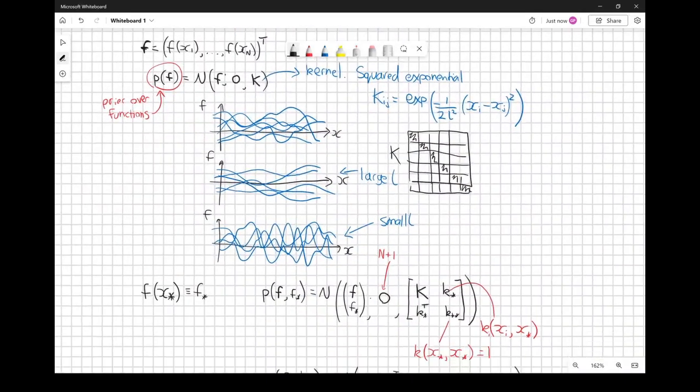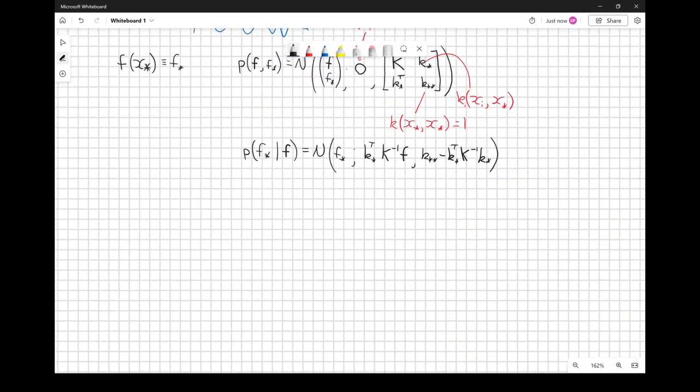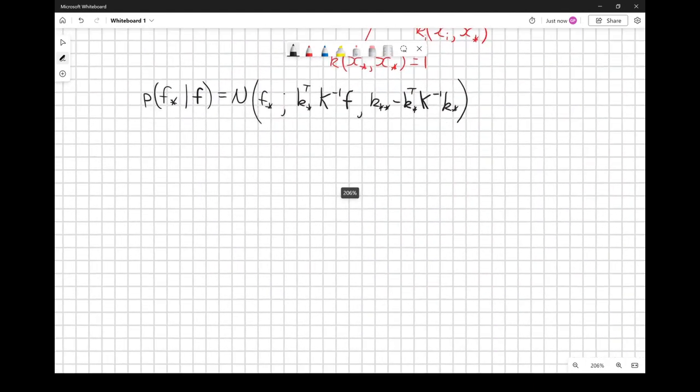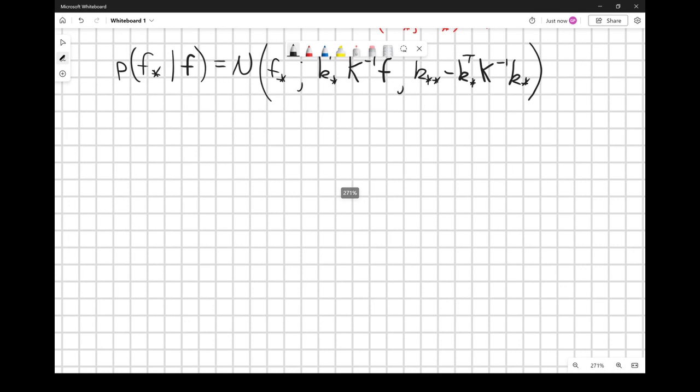So what we actually need is the probability distribution over f star given y. That's what we actually want, because y is what we really observe. We never actually observe this bold f. The true function is hidden to us.